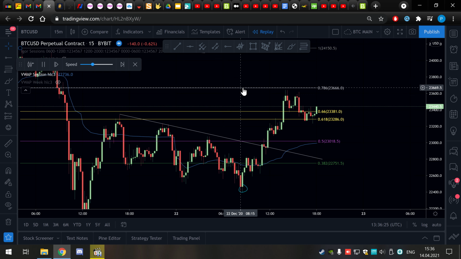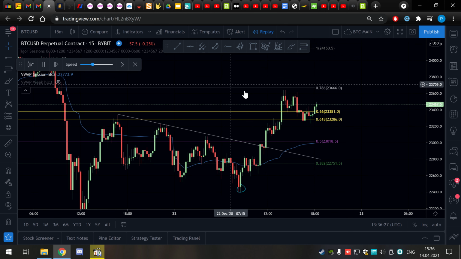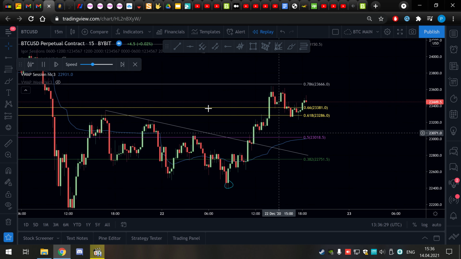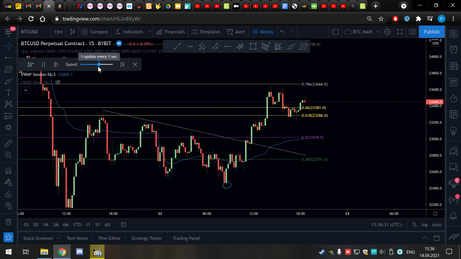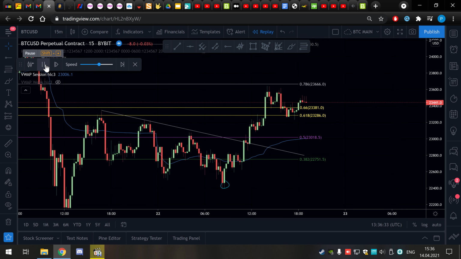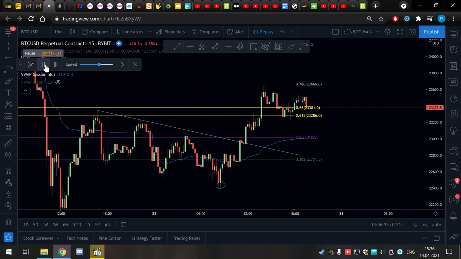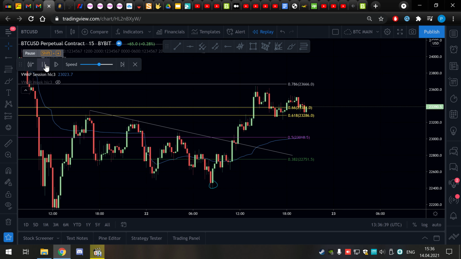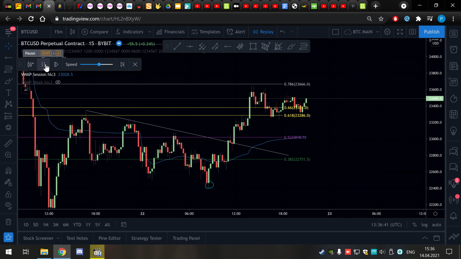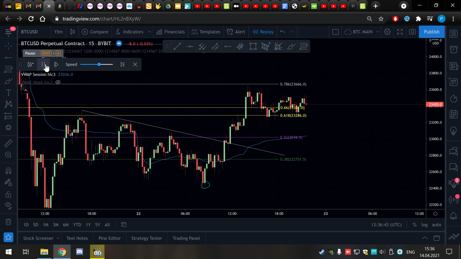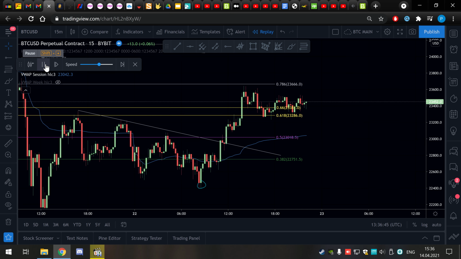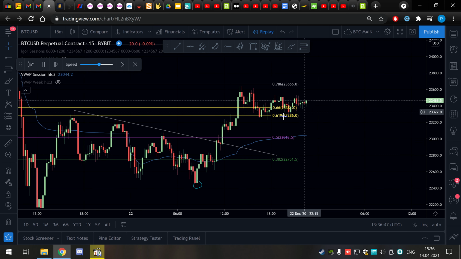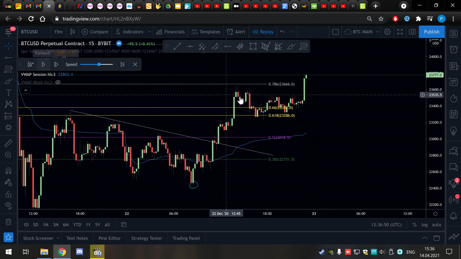Okay, so we can delete this one. We are still seeing the resistance there. Okay, price going sideways, as it's Asia. Okay, we breached the high.